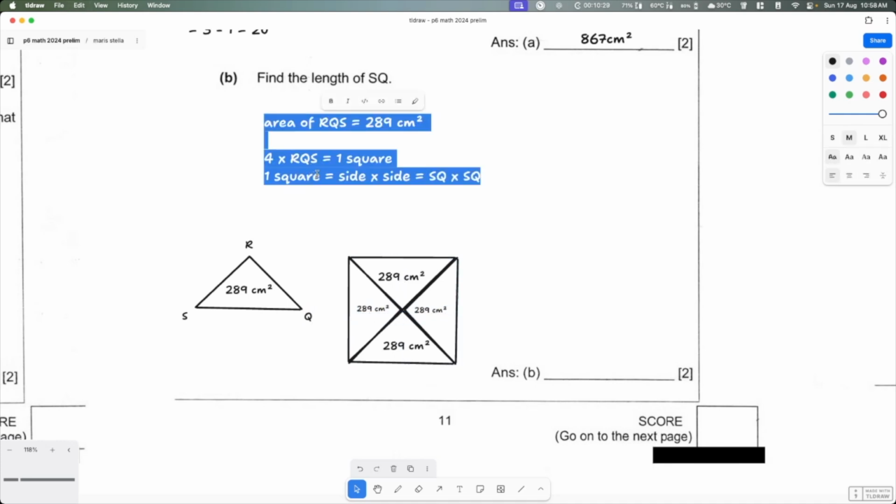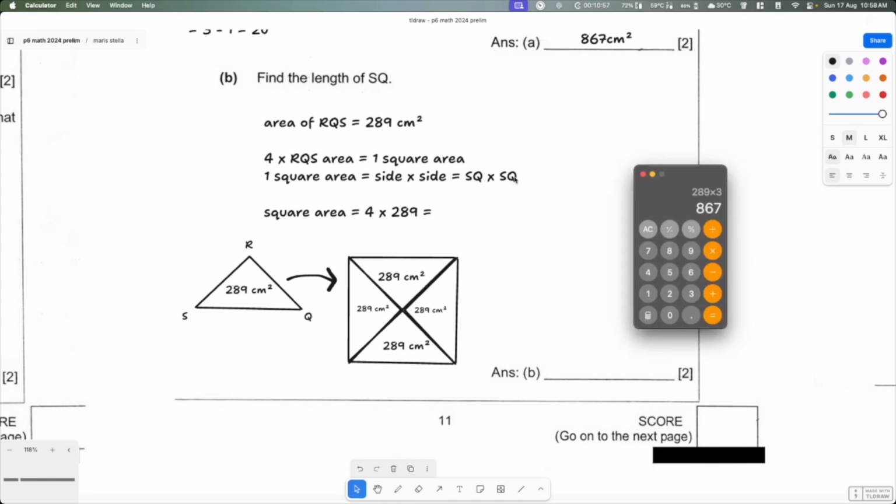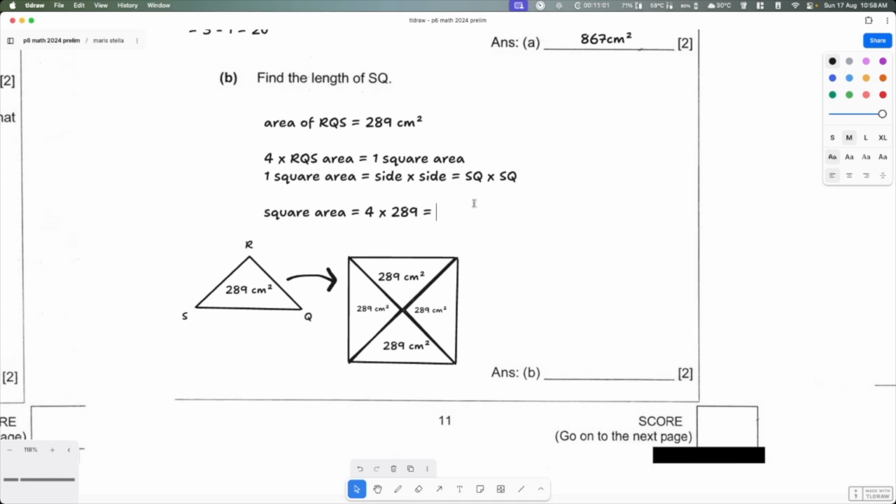So one square area is 4 times 289. 289 times 4 will give you 1156.